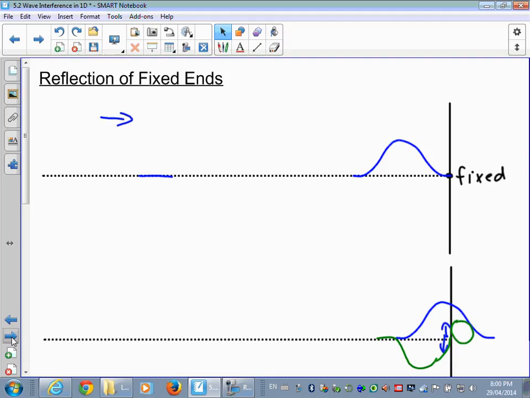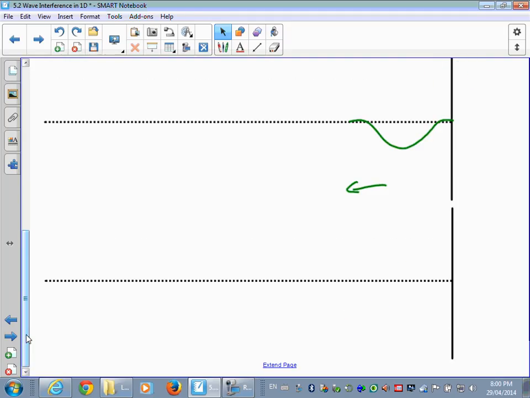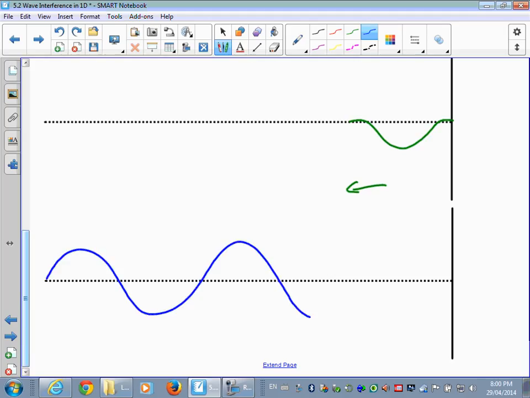So, this is just with one pulse. But what happens when it's not just one pulse? When the wave keeps coming and you get the blue wave coming in like this, and then you're going to get a green wave. Now that green wave, remember we said, is inverted.